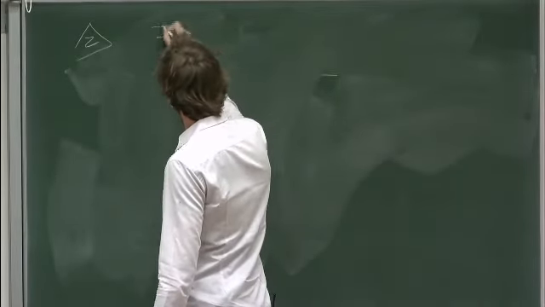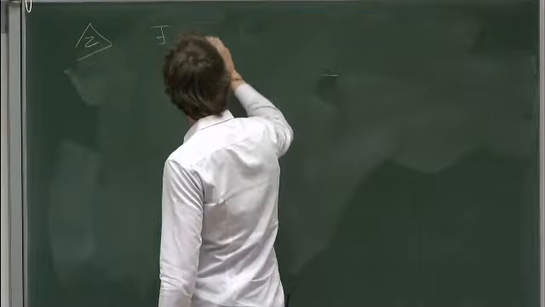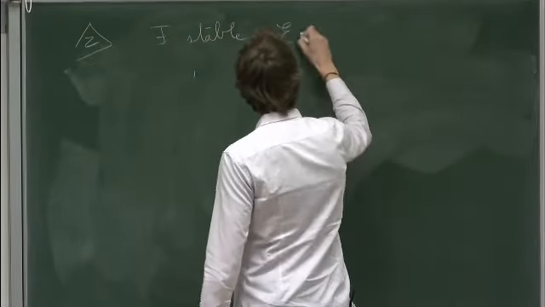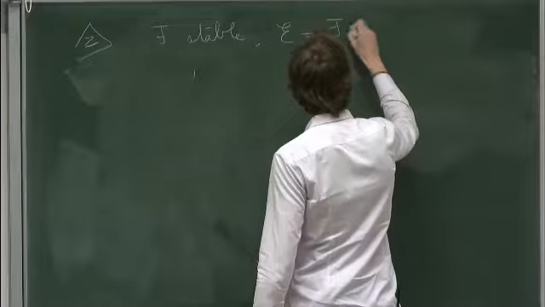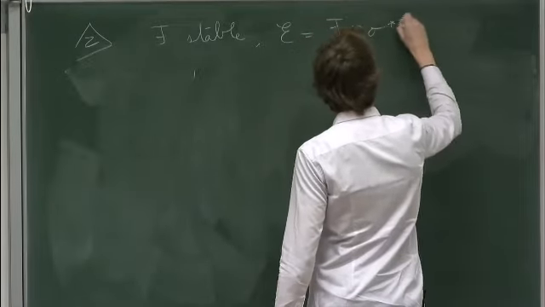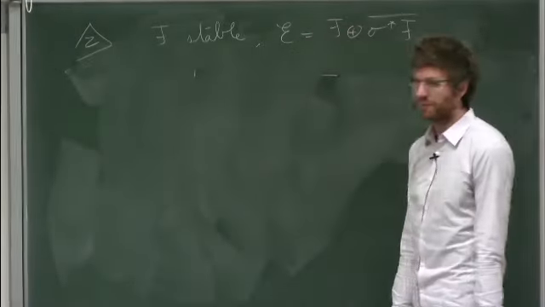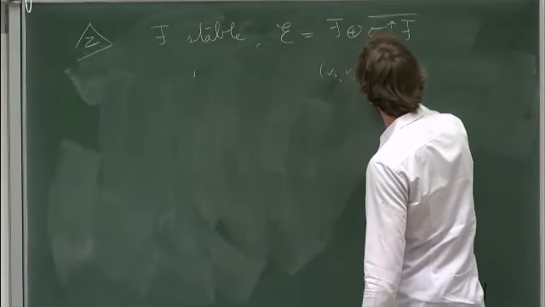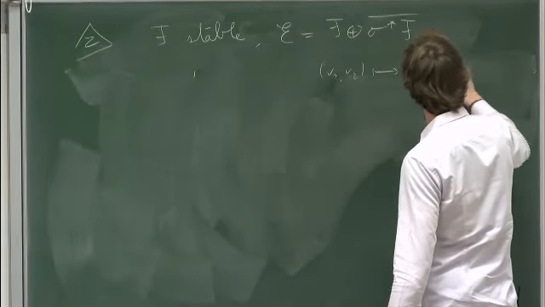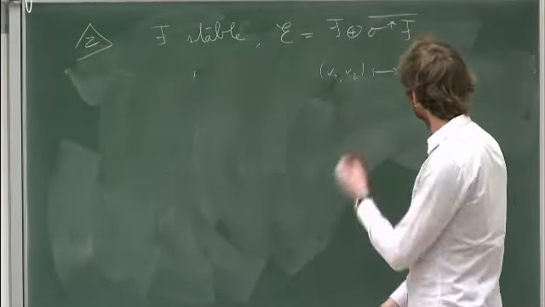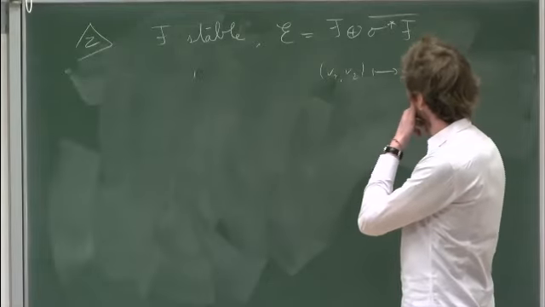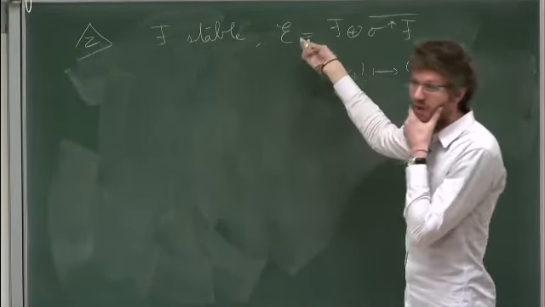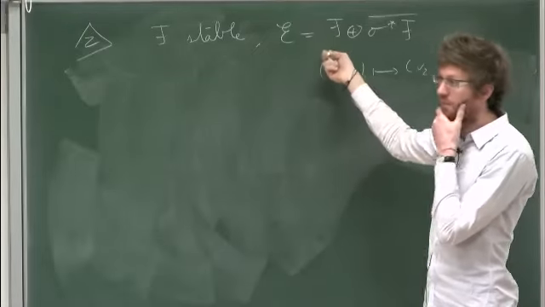Well, consider F stable and E the direct sum of F and its conjugate pulled back by sigma. This is of course a real bundle. You just send (v1, v2) to (v2, v1). And well, it cannot be stable as a holomorphic bundle because it's a direct sum.